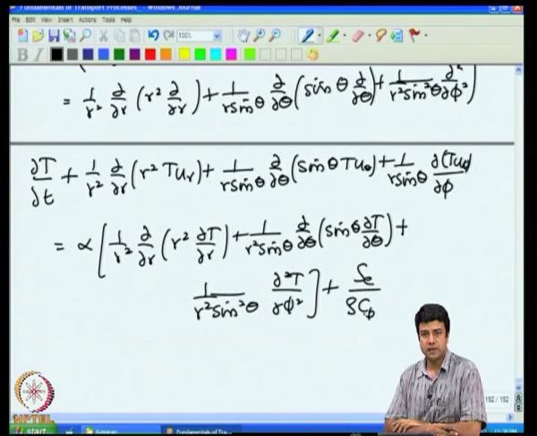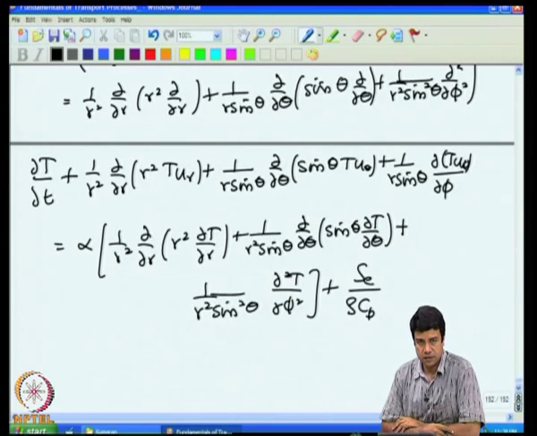So, that is the conservation equation for energy in a spherical coordinate system. So, this completes the derivation of mass and energy conservation equations in a spherical coordinate system.